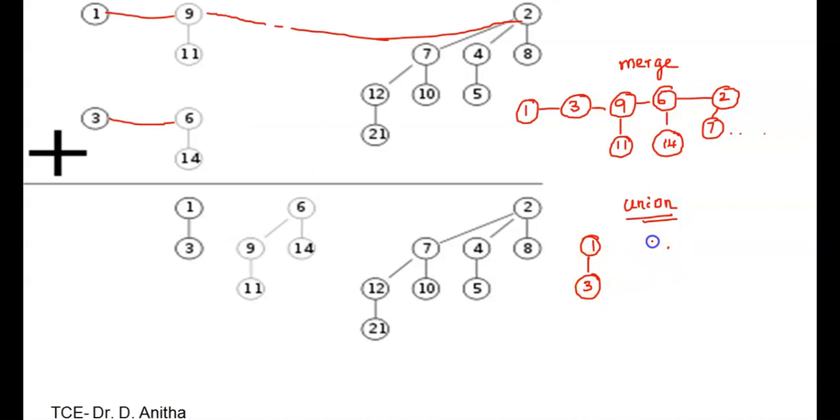And after merging, it is put up here 9, 11, 6, 14, then your 2, 7, 4, 8. This tree is put up. Okay. So for the single merge, you have merged.